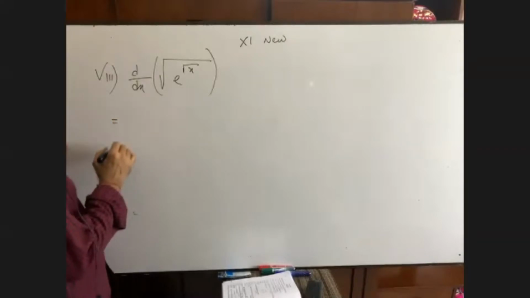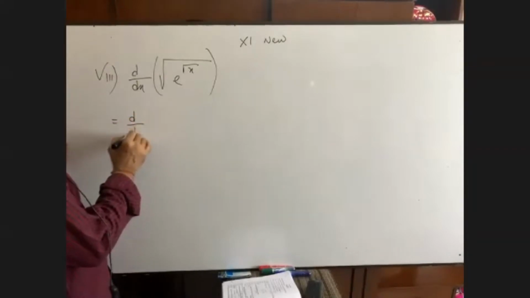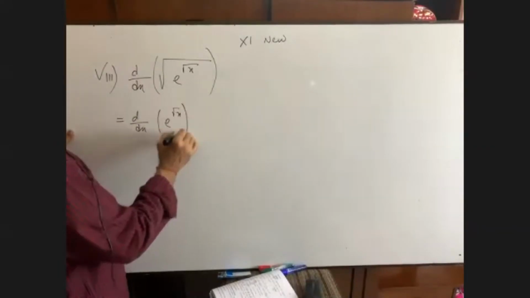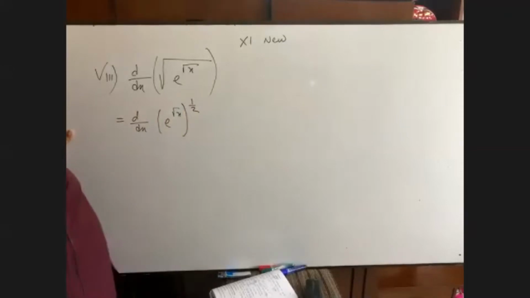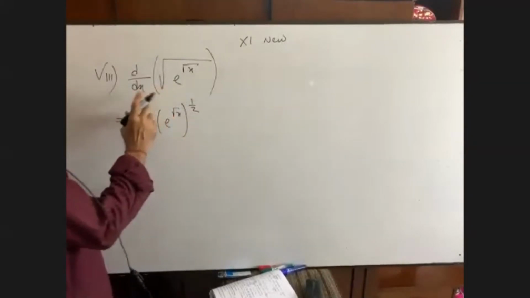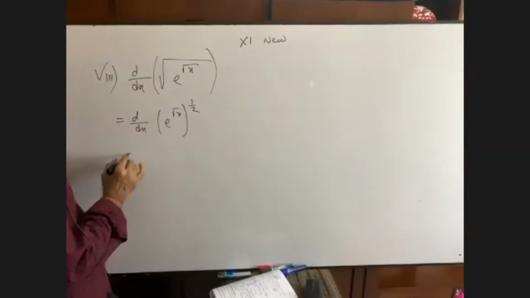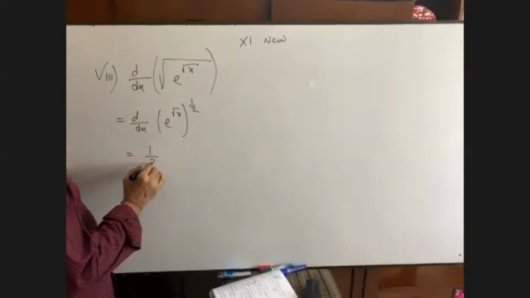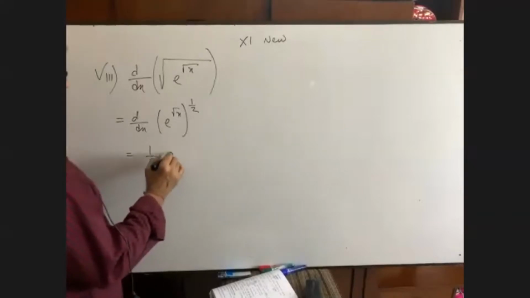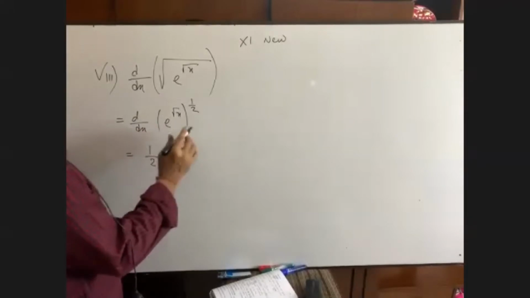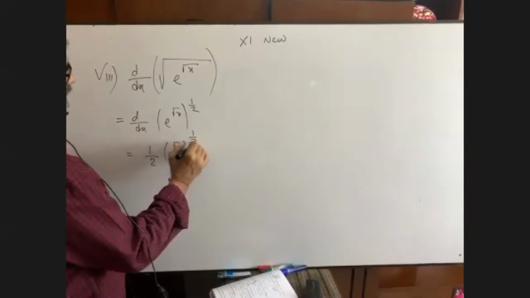Then we can write it d by dx e to the power root x, it is power half, right? Yes, sir. Now I have actually not done this function. Then it is half e to the power root x, half minus 1.